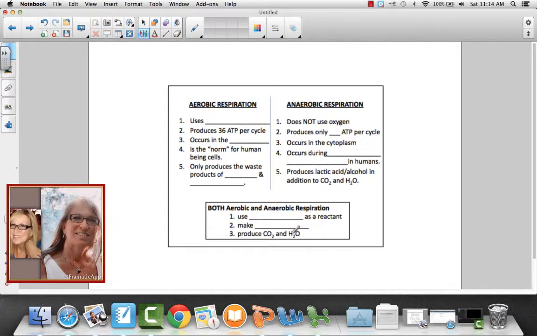So let's recap the main points between the two. Aerobic uses oxygen. It produces 36 ATP per cycle, and it occurs in the mitochondria. It is the norm for human being cells, and it only produced the waste products of carbon dioxide and water.